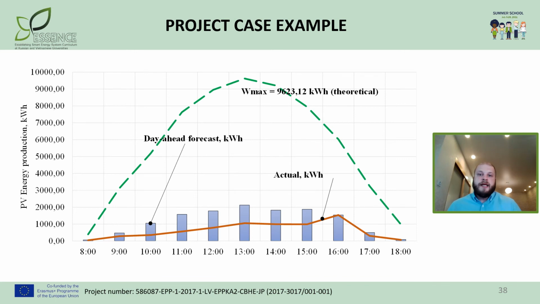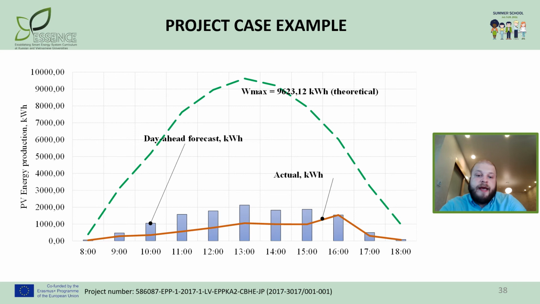Well, now let me turn your attention to the project case example. In this case, we have a photovoltaic power plant with a maximum installed capacity of 10 megawatts. With the green line, here we have the theoretically maximal energy production for this very specific day.